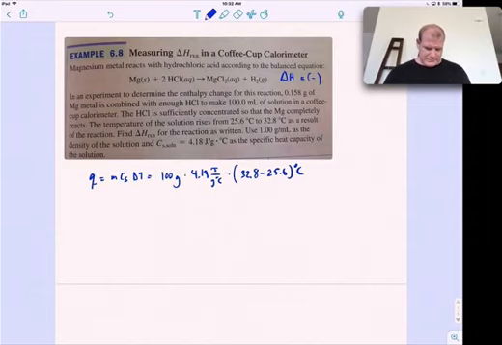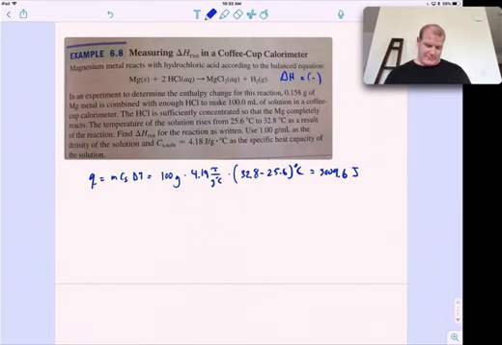So do the 32.8 first, minus 25.6. That's 7.2 times 100 times 4.18. And we get 3009.6 joules.